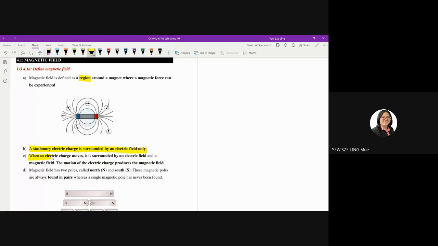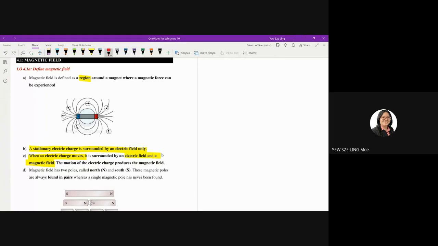But if it is moving, then it has both electric field and magnetic field. Of course, if you're looking at a magnet bar, then it has just a magnetic field. But if you're looking at what happens to a charge itself, it has electric field, and when it's moving, it has both electric and magnetic field.